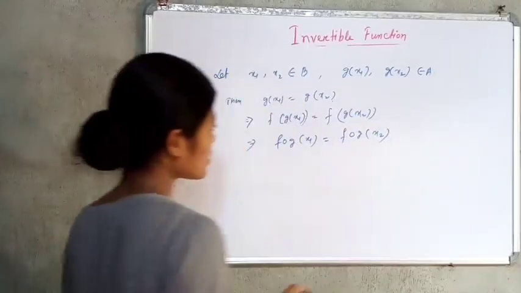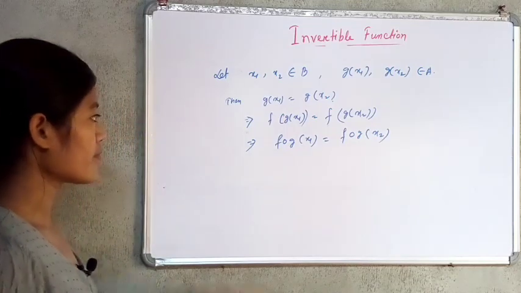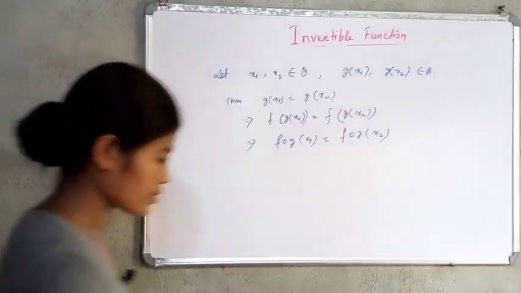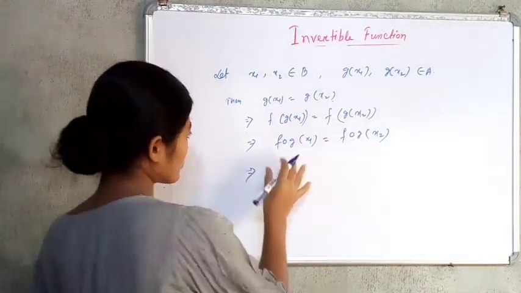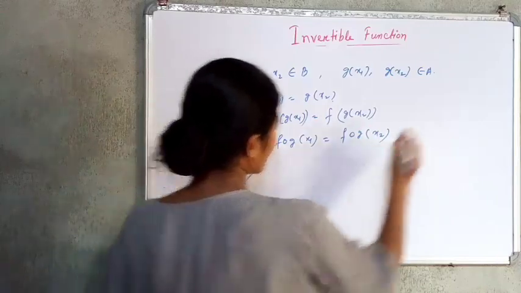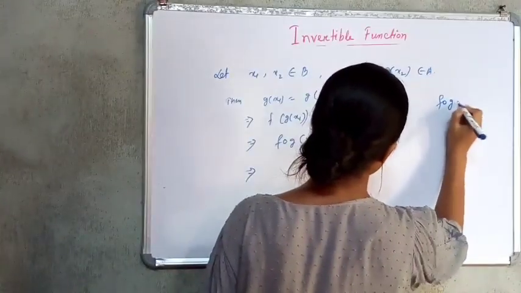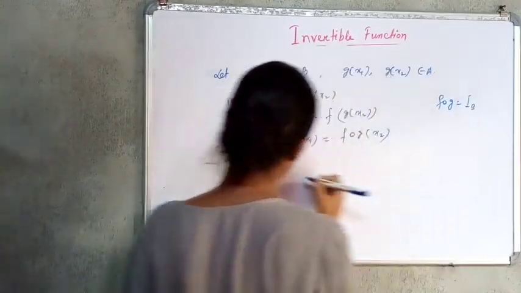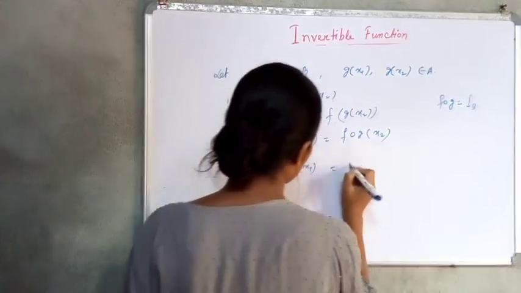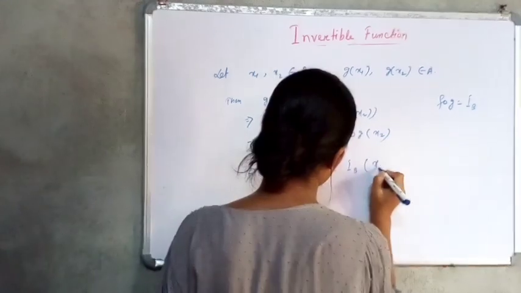Again, in the theorem we have f naught g is the identity function, right? So I write it here, id of x1 equal id of x2.